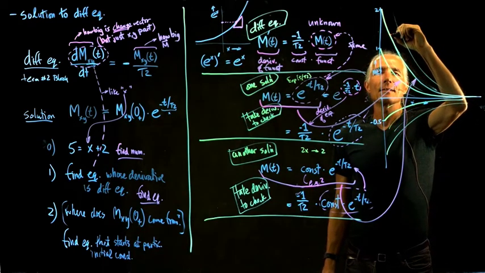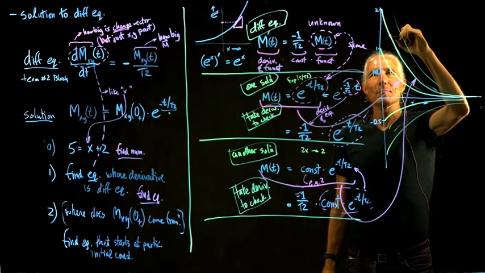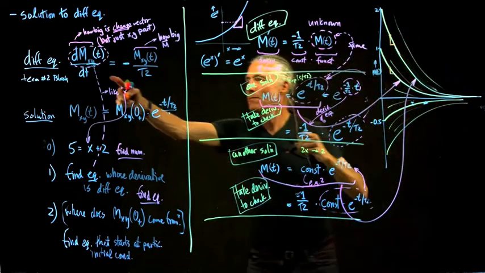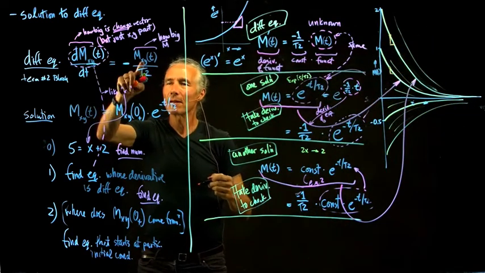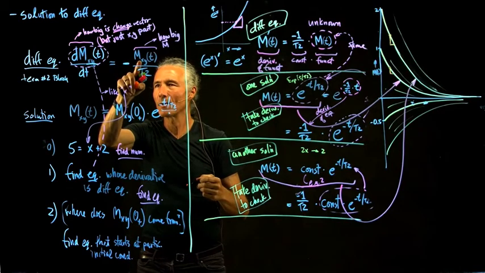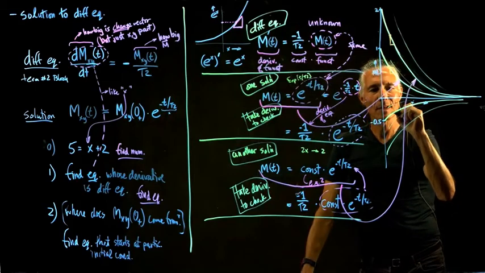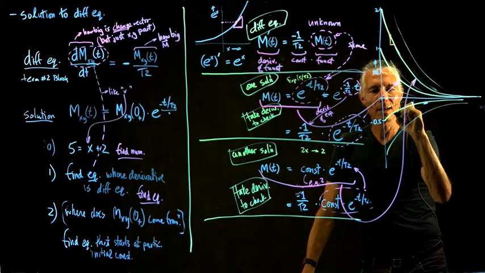But if we start at 1.5 or something, we're going to drop twice as much, because we're starting off with a bigger amount, so the drop is bigger. Similarly, there's a negative sign, so if you start off negative, you'll actually go up.